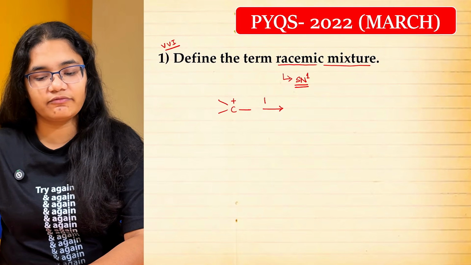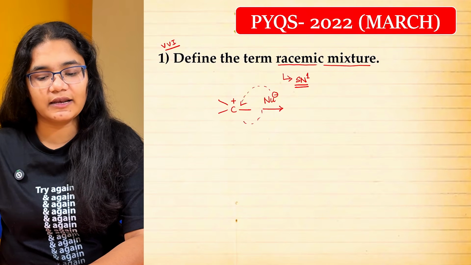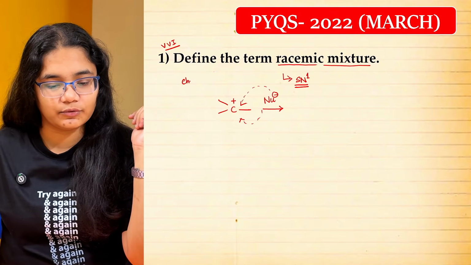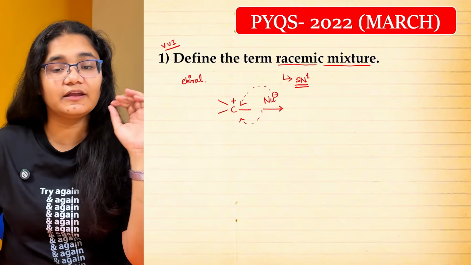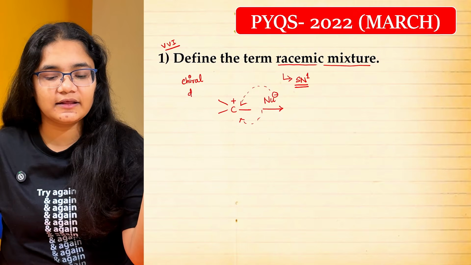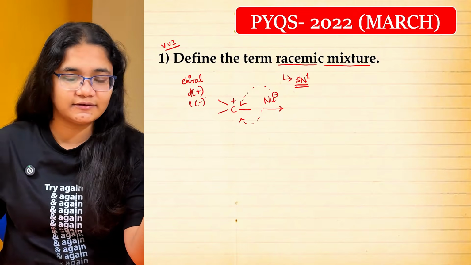Now in step 2 of SN1, the nucleophile can attack, and it can attack from both sides. If the reactant was a chiral molecule, it can be either D, meaning dextrorotatory, or L, that is levorotatory.